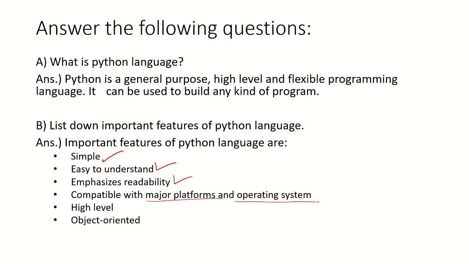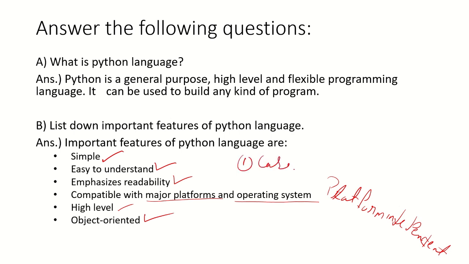As I've explained in my previous video, platform independent, high level, object oriented. If you want to write more, you can also write about case sensitive. There are many more features. So for class 7th, you can write it down.